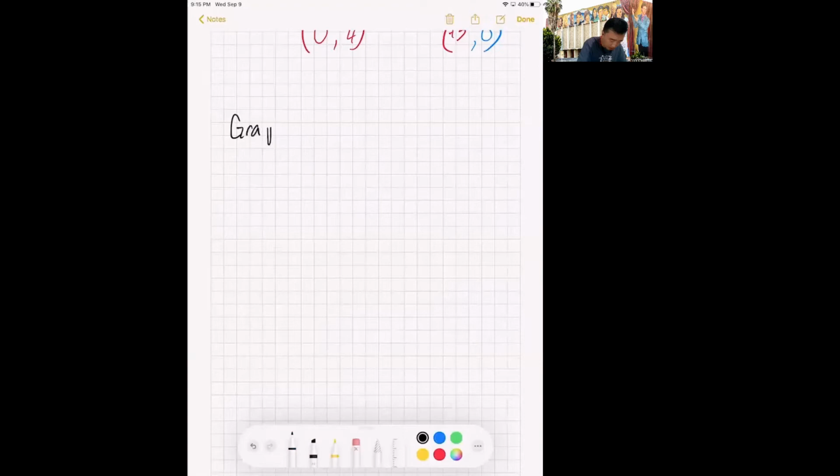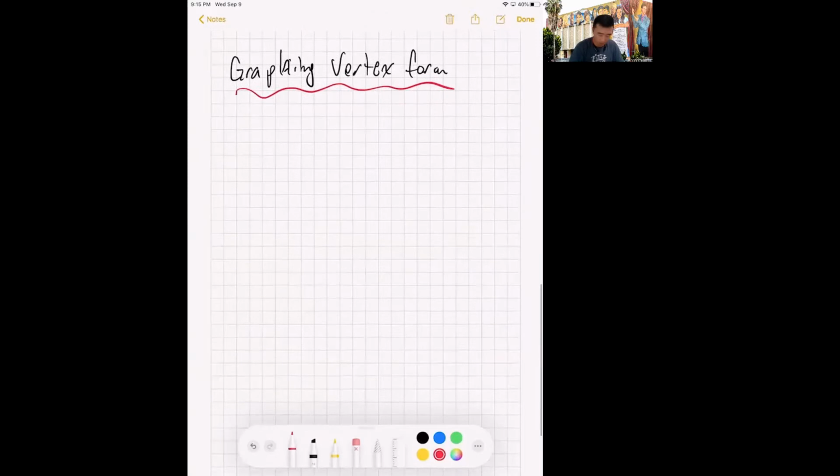So graphing vertex form. And you can pause the video if I'm going too fast, but let me check it out. So let's start with something easy. Example number 1.